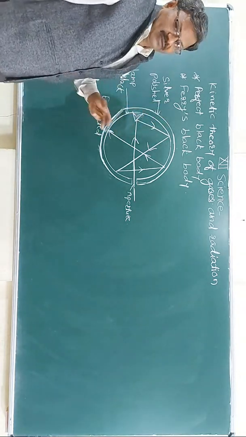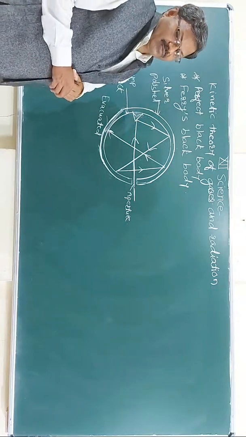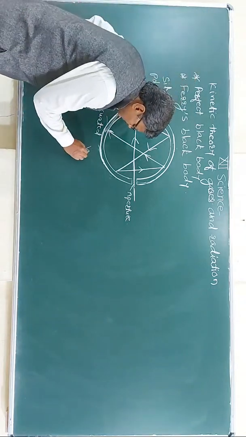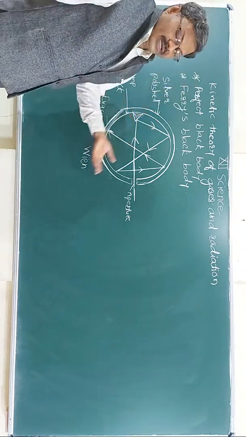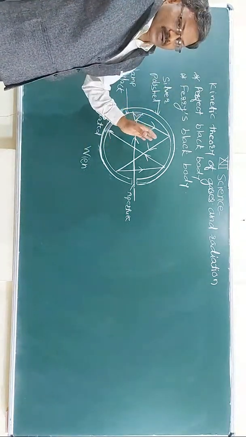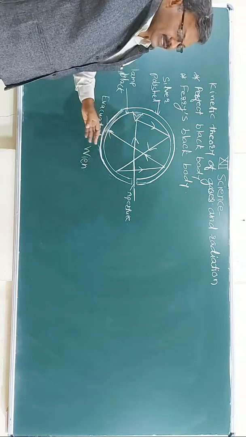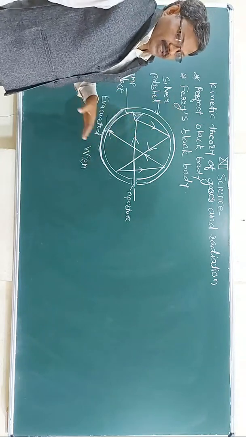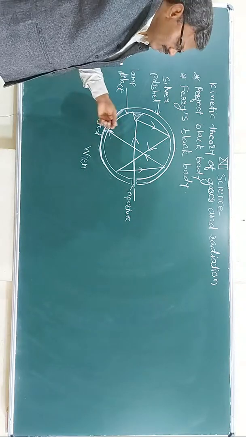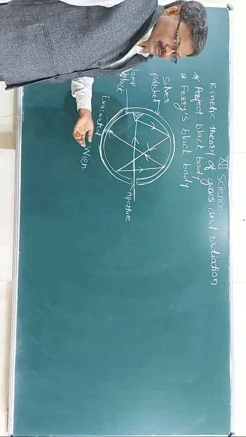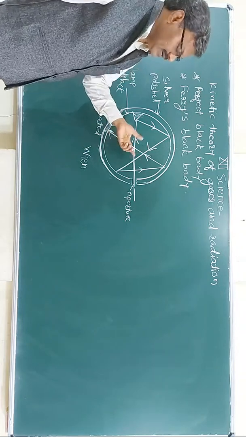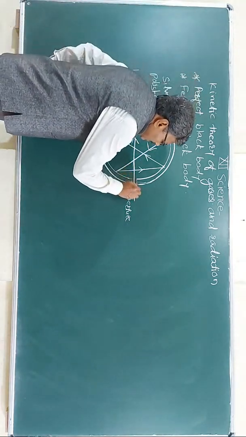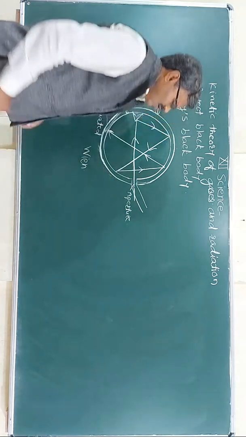Now this is the information about the Ferry's black body. Also, the scientist designed another apparatus. He also designed a black body, but with a cylindrical body having a small aperture.